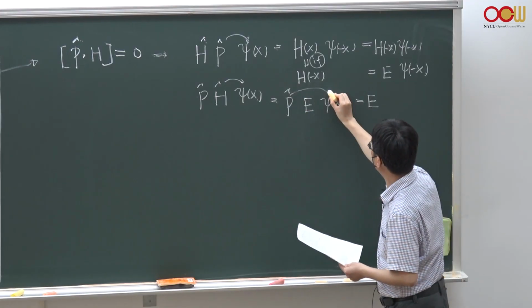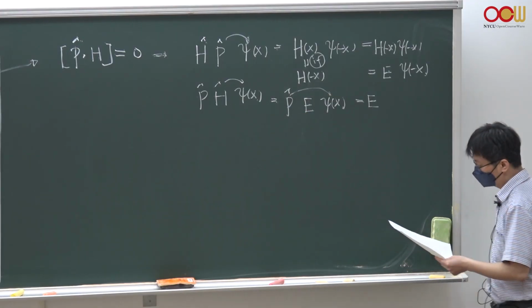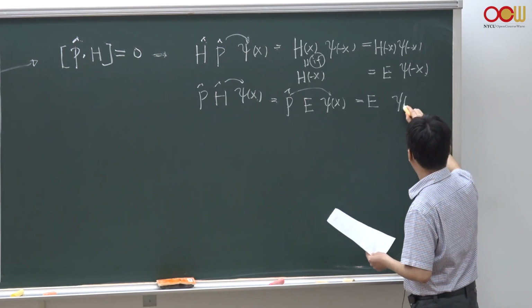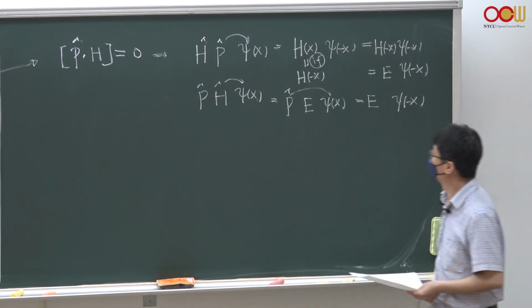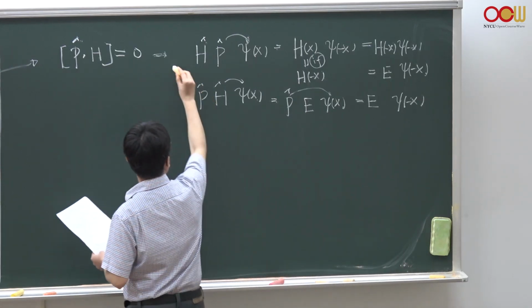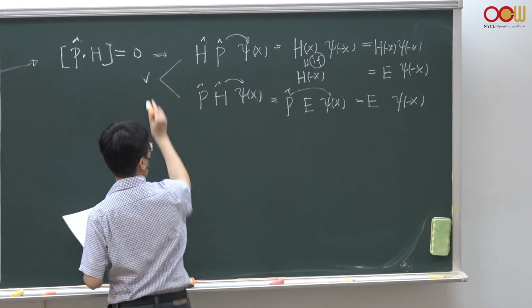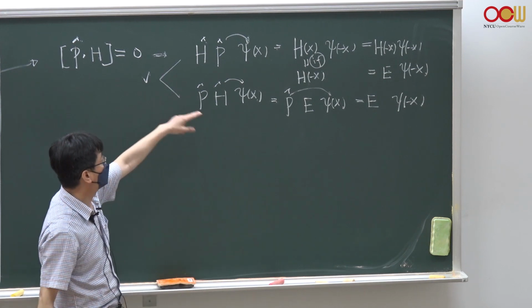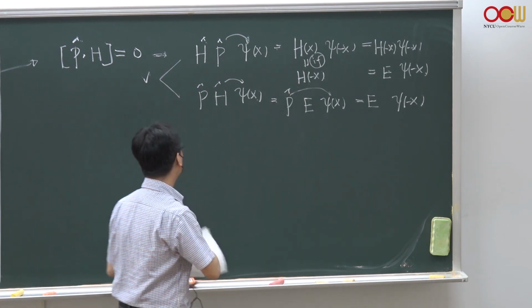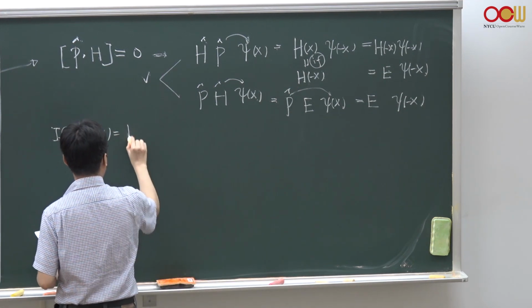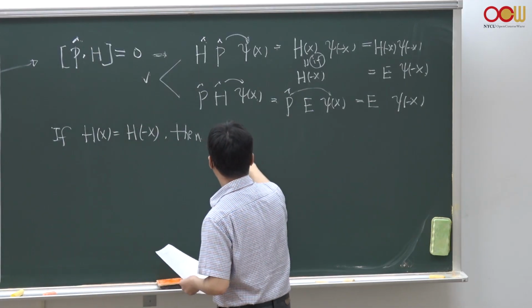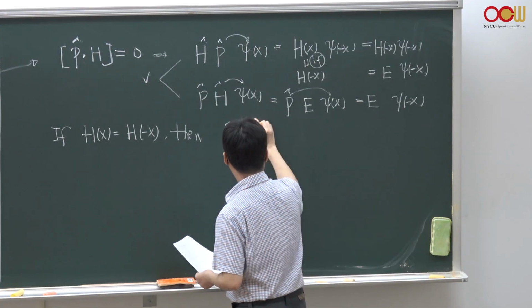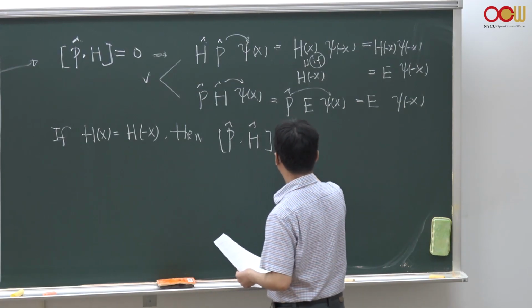And you simply just add this parity onto this psi of x, you get psi of minus x. Check. So, which means that if the Hamiltonian has a parity symmetry, then we can show that this parity and Hamiltonian actually commute.